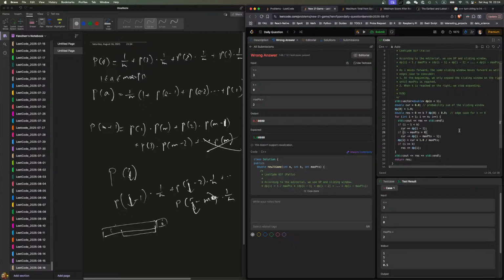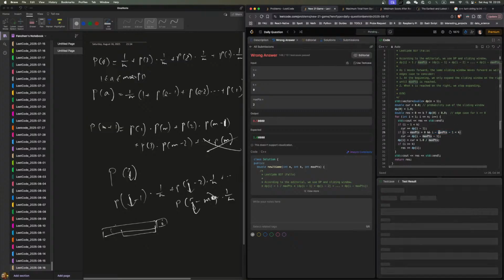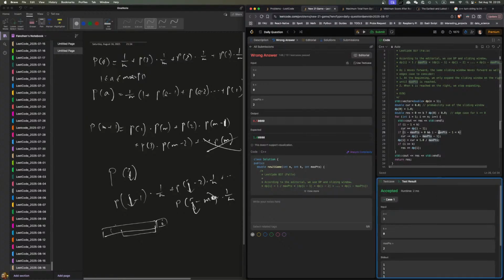So it has to be larger than 0, and I minus max points minus 1 must be smaller than K. Right, it has to be larger than 0, it has to be smaller than K in order for you to remove. Otherwise, if this itself is larger or equal to K, then that point cannot be removed because you never added it in the first place. Okay, oof, this is a little bit rough around the edges.